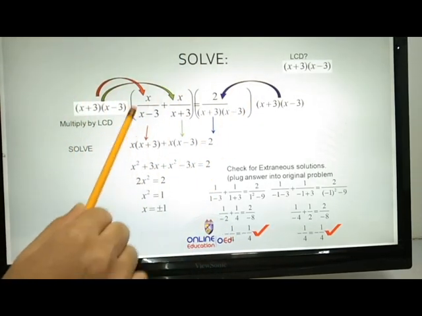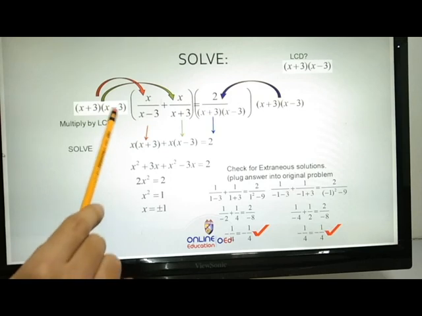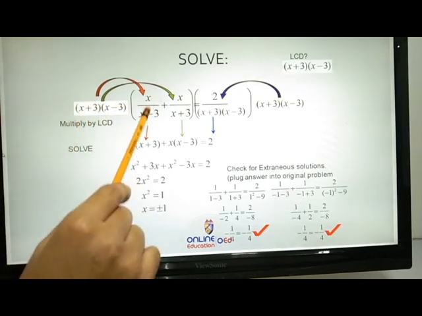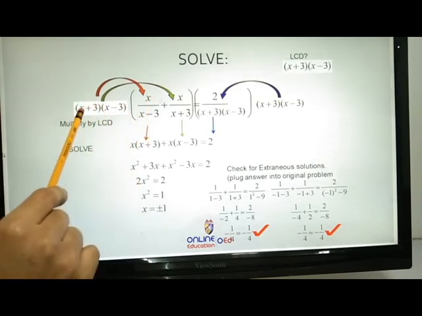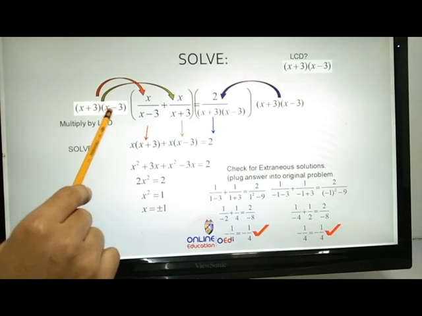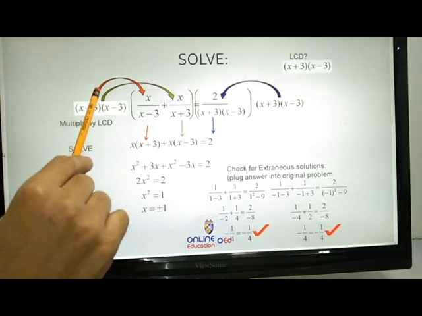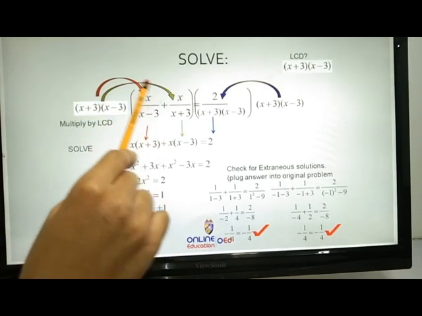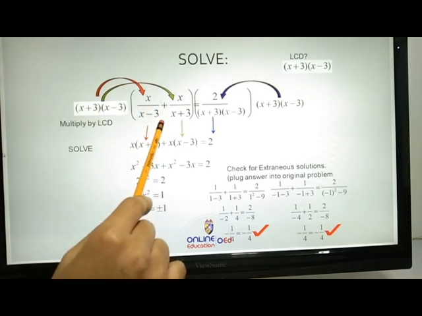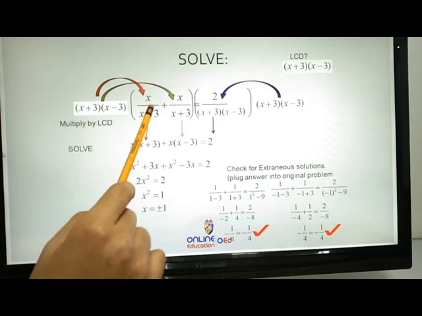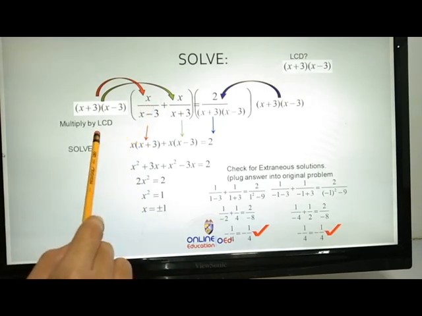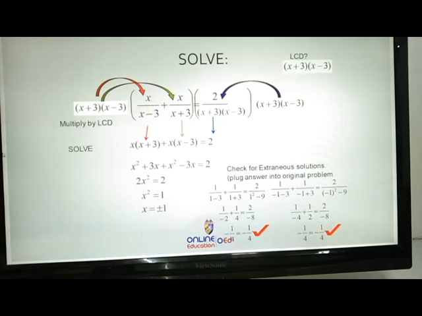Okay, so by distributive property, we will be having x over x minus 3 times x plus 3 times x minus 3. Okay, cancel. Dito sa part na to, maka-cancel to because of common terms. Then we will be left with x times x plus 3.